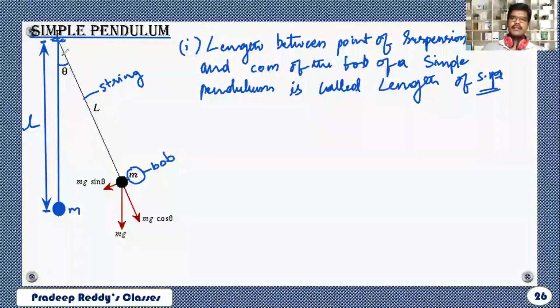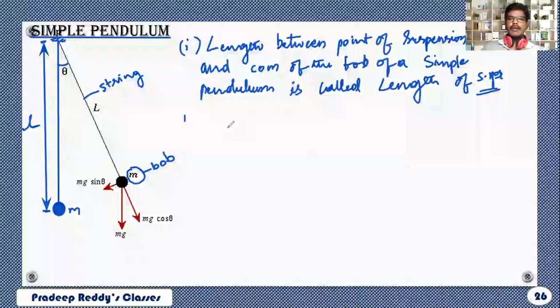Usually most of you think that the length of the simple pendulum is the length of the string, but that is not correct. The length of the simple pendulum is the length from the point of suspension to the center of mass of the bob.